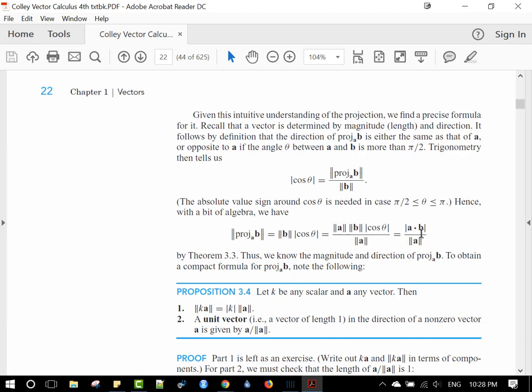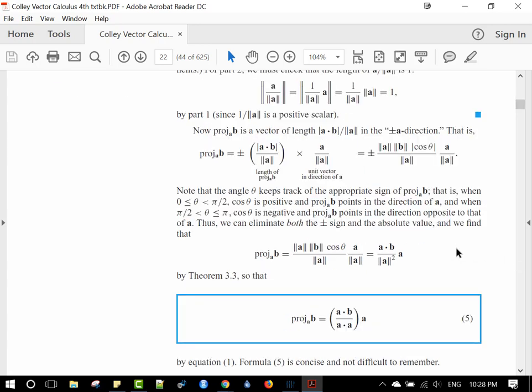So this better be a number also. A dot B is definitely a number. If we take the absolute value of that, that's still a number, and this is the norm of A, so that's also a number. So this is an expression for the size of the projection of B onto A.